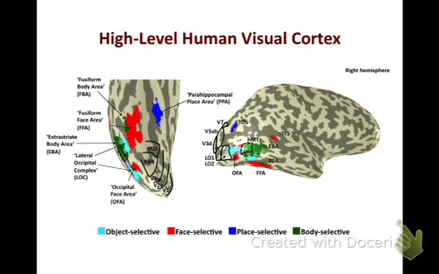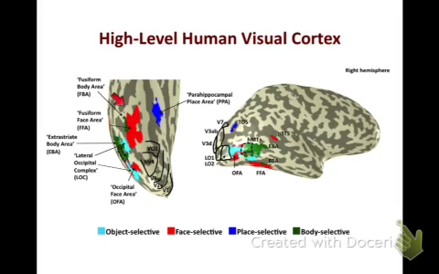What is high-level visual cortex? High-level visual cortex includes the constellation of regions in the lateral side of the occipital lobe, or lateral occipital temporal cortex, and regions in the ventral occipital temporal cortex. This constitutes a constellation of regions that show selectivity to specific types of stimuli.